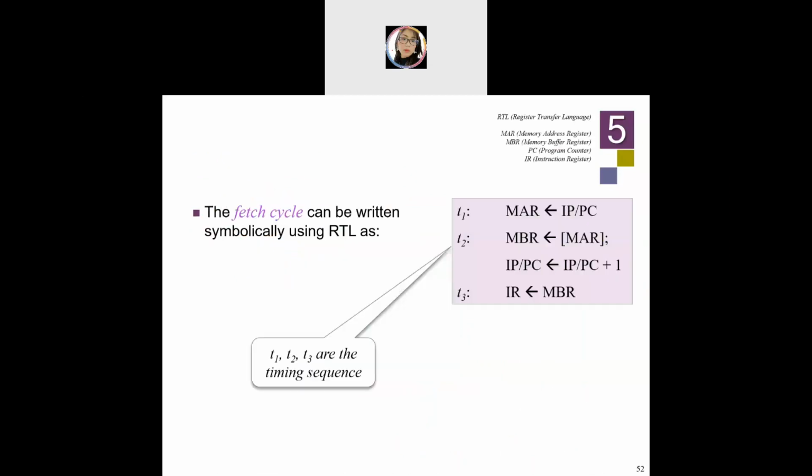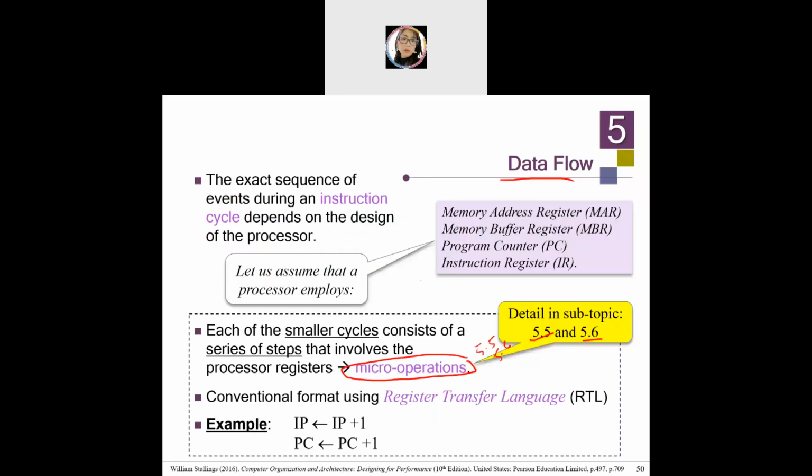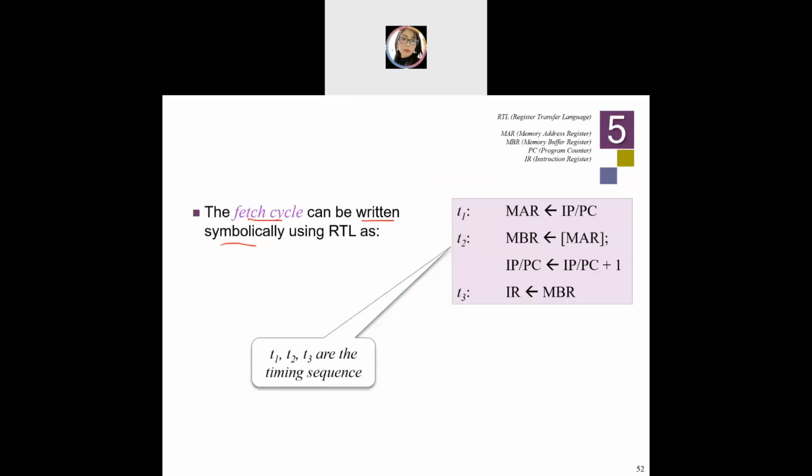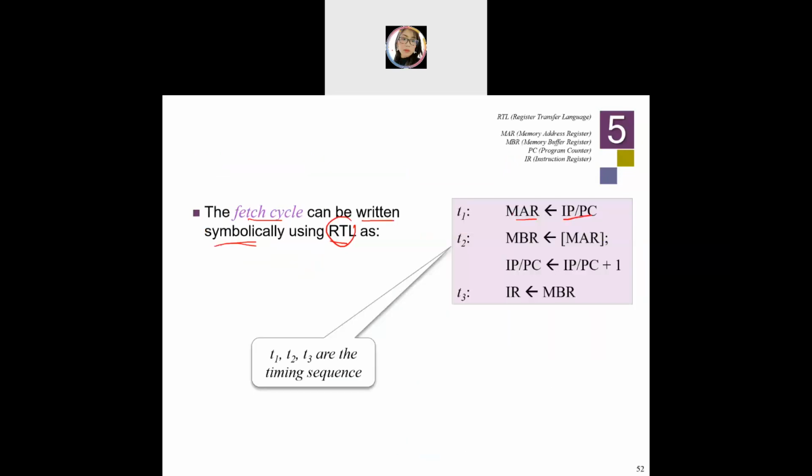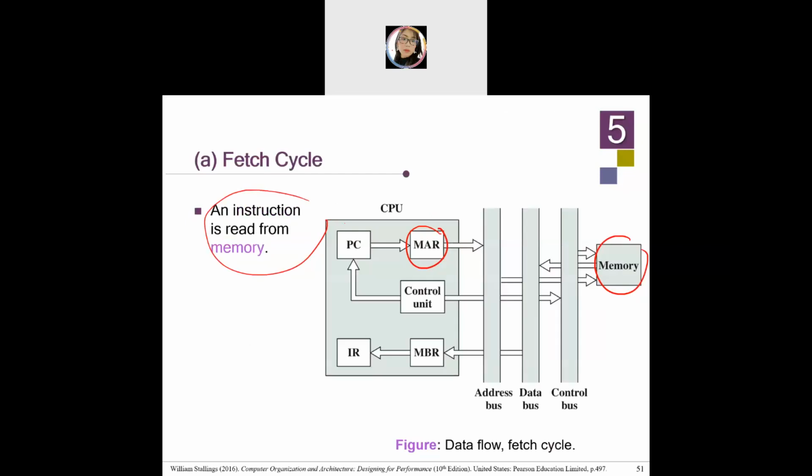The fetch cycle can also be written symbolically using RTL. What is RTL? Again, it is register transfer language. There are two examples given here. Let's say you have MAR here. You're going to get the information of IP or PC, which is the pointer.